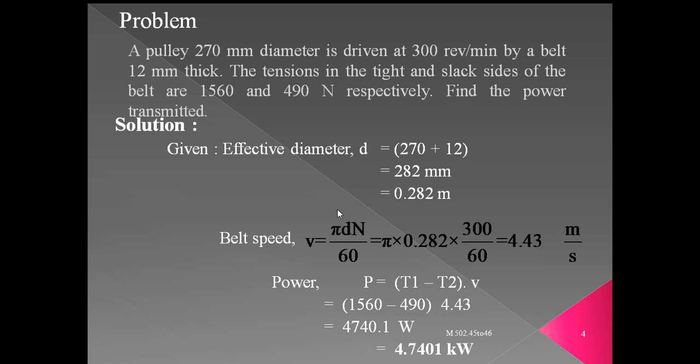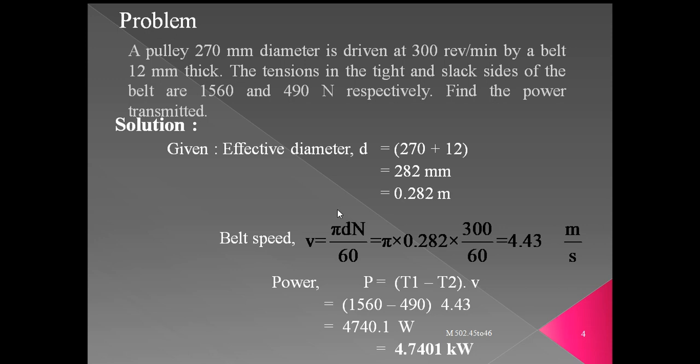So 270 plus 12 is 282 mm, that is 0.282 meters. Velocity should be in meters per second, so V is pi into 0.282 into 300 by 60.